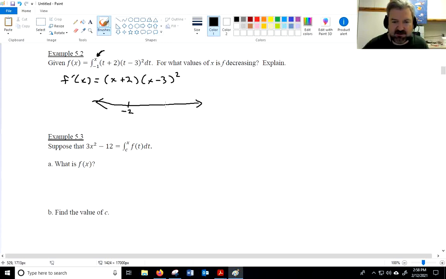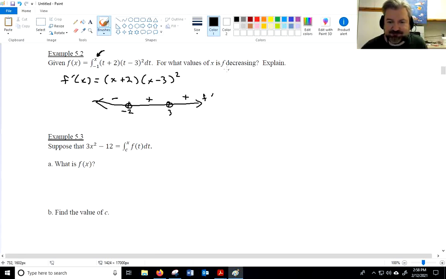Negative 2 and positive 3 are the places where f prime is 0. If I plug in 0 for x, I would get a positive times, well, this is a positive, right? Because it's always positive, except for at 3 when it's 0. So a positive times a positive, positive. If I plug in 4, well, 4 plus 2 is positive, and again, this is always positive. Not until I get over here to like negative 3 would this stay negative.